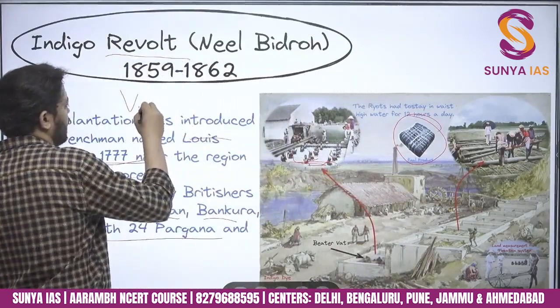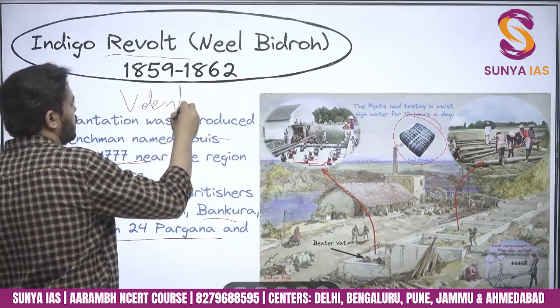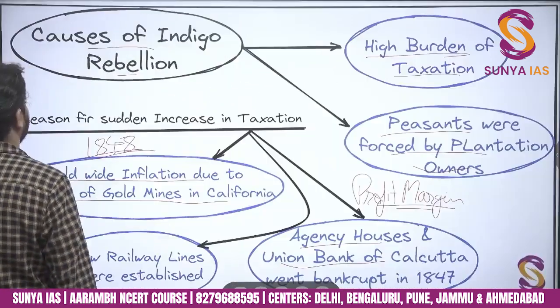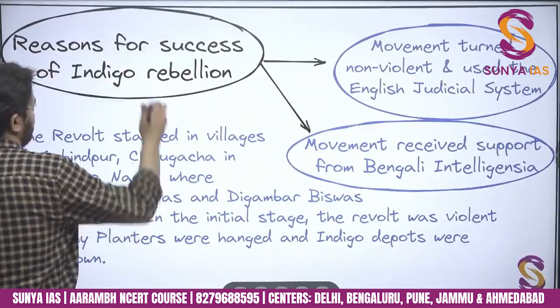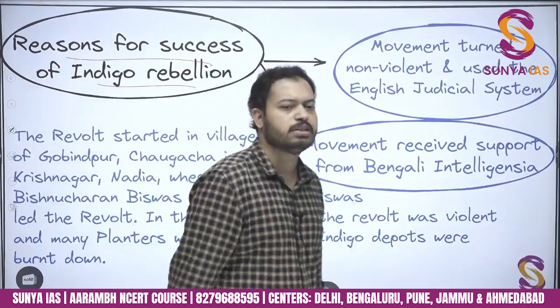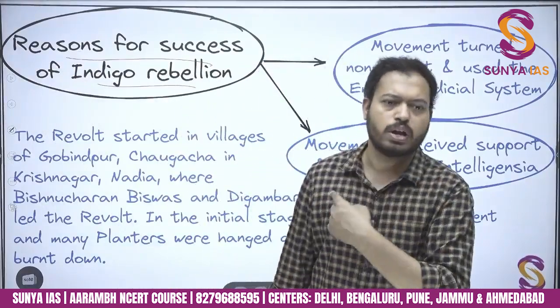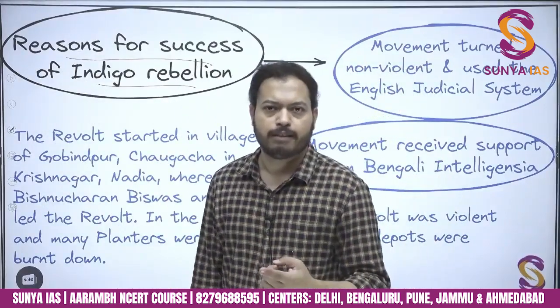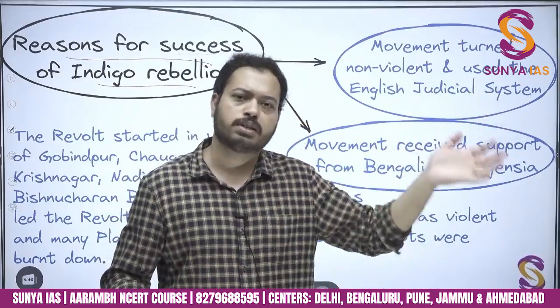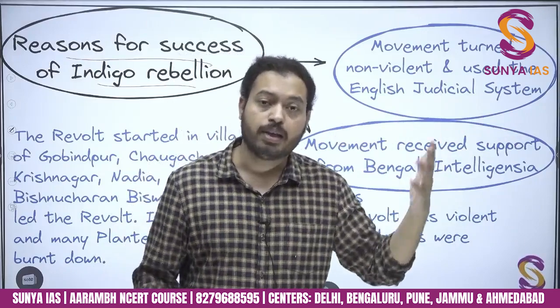Initially, the revolt was violent. Okay. But very soon, and this is why this whole rebellion is important and discussed again and again, the indigo rebellion was successful, unlike earlier rebellions which started for economic reasons and were never successful. Why was it successful?